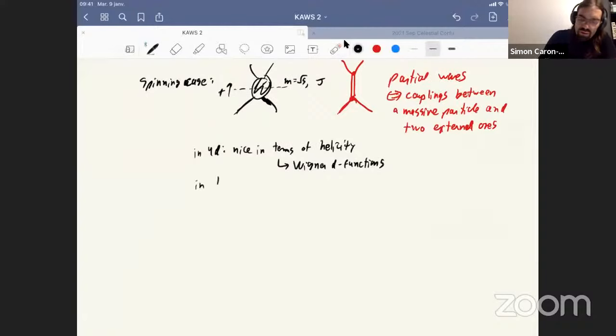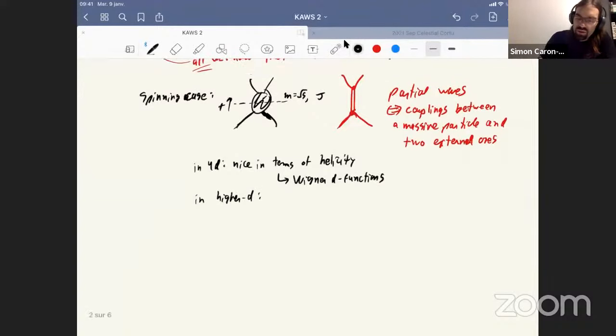And in higher dimensions, these couplings are best thought of in terms of Young tableaux, because the intermediate particles are Young tableaux. In the middle particle you have an SO(D-1) Young tableau, and here you have to work out the couplings.